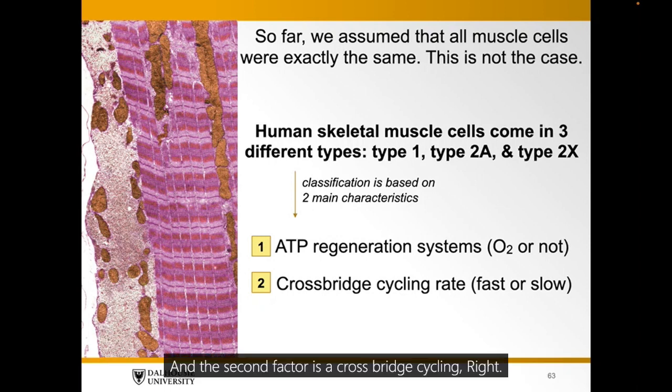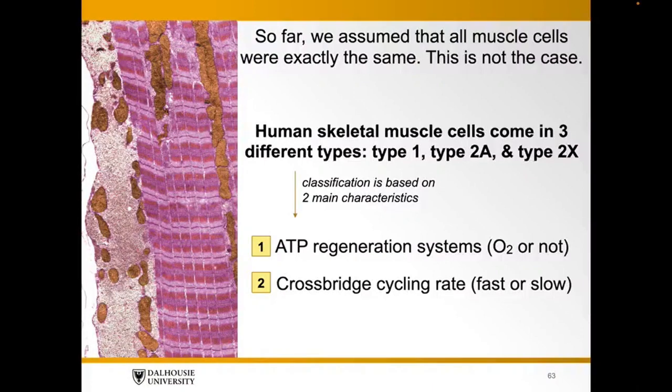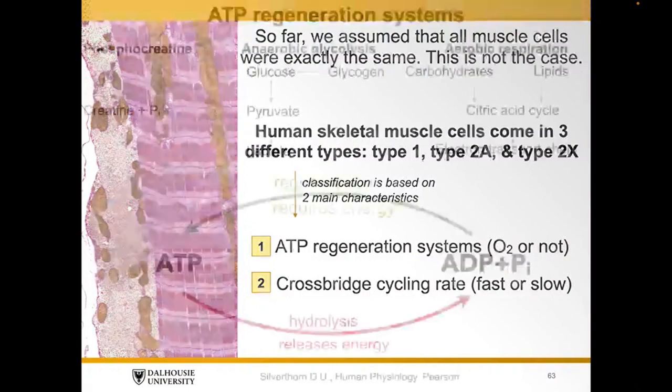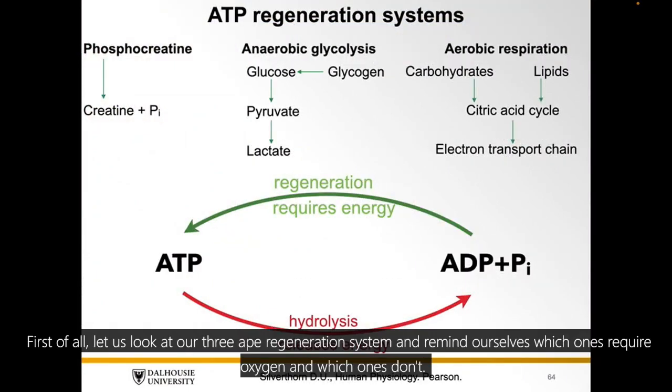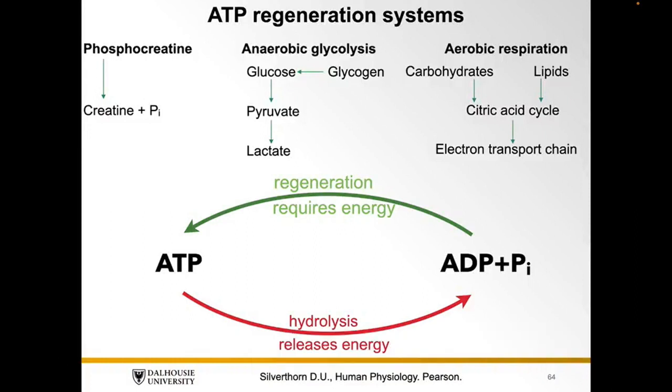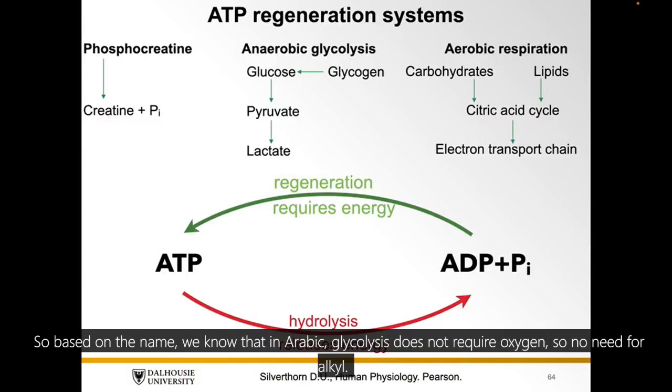And the second factor is the cross-bridge cycling rate. So in some cells, the cross-bridge cycle will happen quicker than in other cells. First of all, let's look at our 3 ATP regeneration systems and remind ourselves which ones require oxygen and which ones don't. So based on the name, we know that anaerobic glycolysis does not require oxygen, so no need for O2.